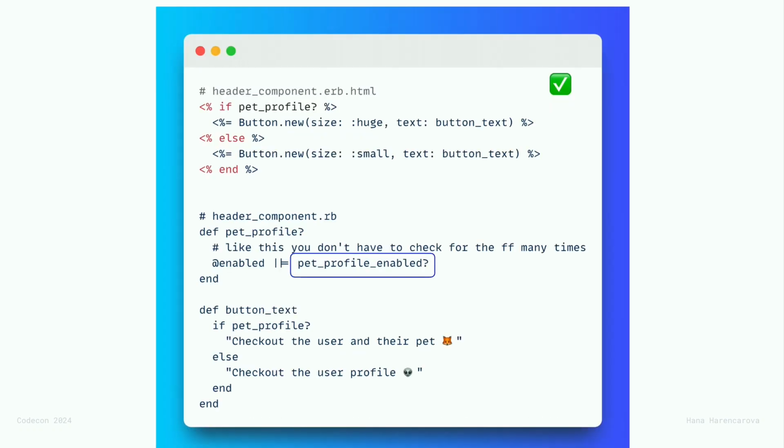But we can do it better, and we can create a helper method where we check the feature flag just once and save it. So this part, the add enabled, is memoizing the method, and then we can use it in the same file or also in a view. So we are reducing the number of times when we need to check if the feature flag is on or off.